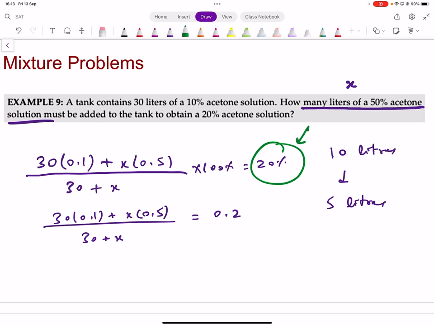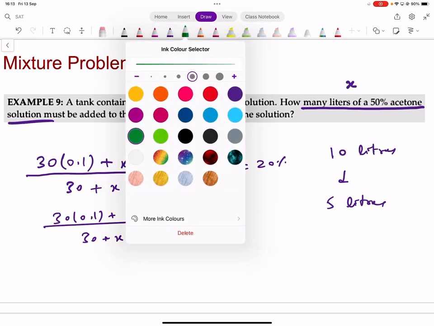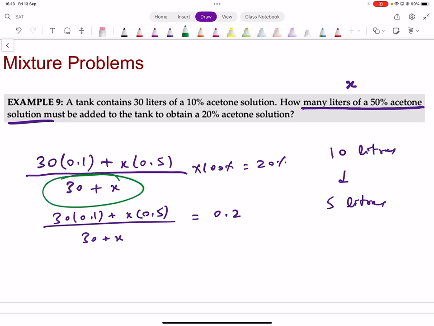That means final result हमें 20% चाहिए. If we are calling this x, in the numerator we have the amount of acetone, that is 30 into 0.1 plus x into 0.5, and in the denominator we have the total amount of solution, that's 30 plus x. So ये percentage जो है वो 20% होनी चाहिए. That gives us an equation. We can solve this equation to find the value of x. Any questions on this?